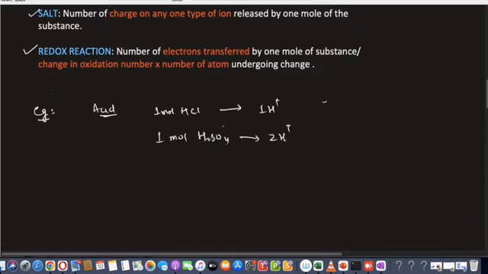So in HCl the reacting capacity is 1, and in H2SO4 the reacting capacity is 2. That means I have 1 equivalent of HCl for every 1 mole of HCl, and for every 1 mole of H2SO4, I have 2 equivalents of H2SO4, right? Why? Because the reacting capacity is 2 over here. And we can do the same thing for the bases.